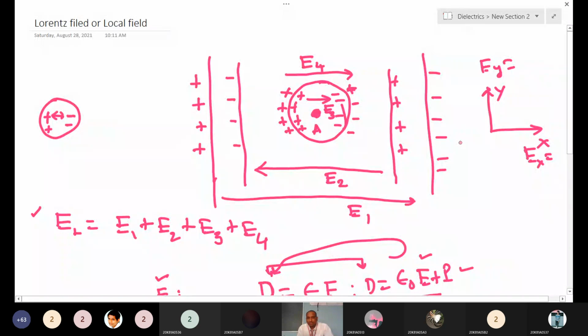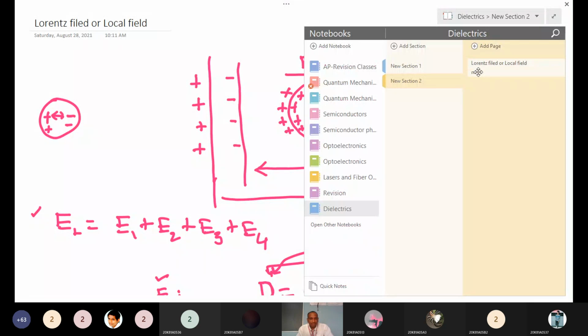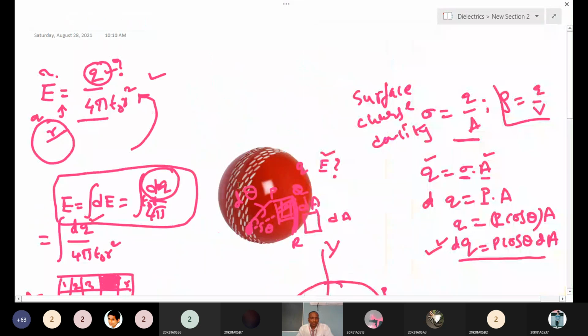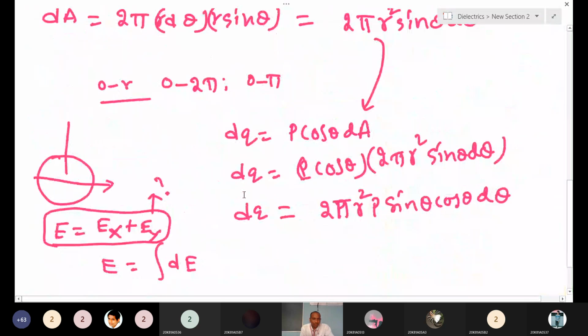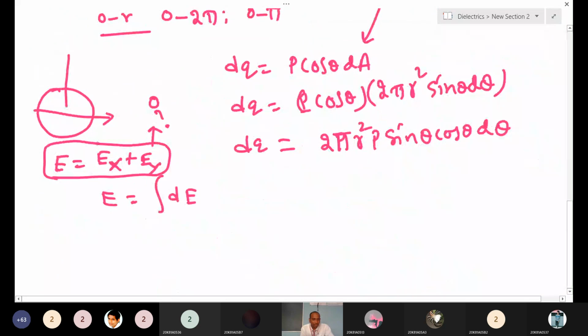So along the y-axis, the electric field is 0. There is no electric field along the y direction. Only in the x direction do we have electric field, so the total electric field is given by the x component only. That's why this component becomes 0.